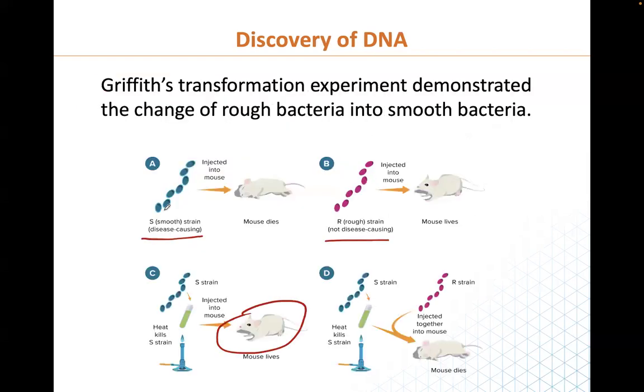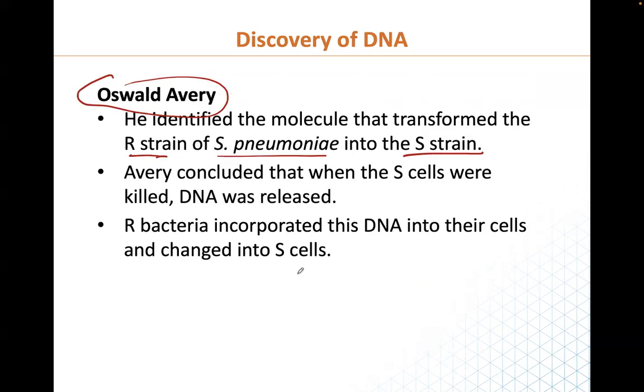When it got mixed with the R strain, the DNA got into the R strain and changed it into the S strain, which causes disease and made the mouse die. The R bacteria incorporated the DNA into their own cells and changed into S cells.